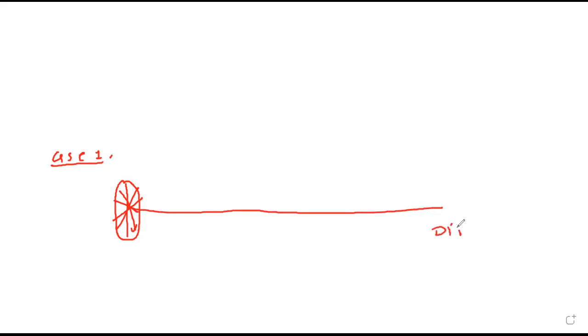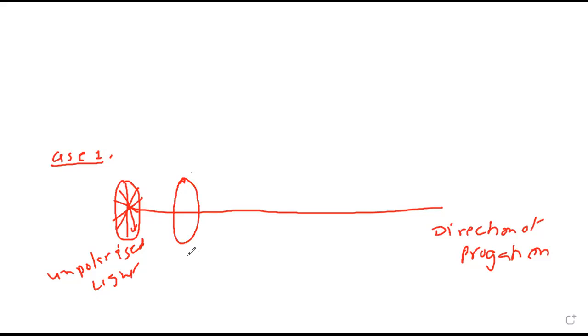This is the direction of propagation of light, which is perpendicular to the vectors in this plane. Here I place one Polaroid, P1, which has vertical vibration orientation of the crystalline sheet, such that vertical vibration will travel.